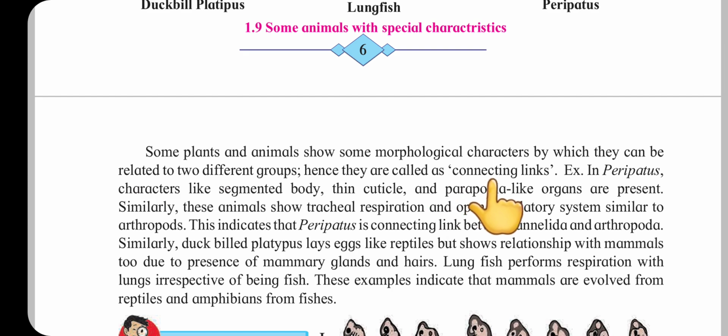Hence, they are called connecting links.